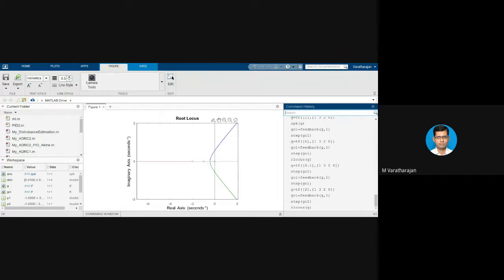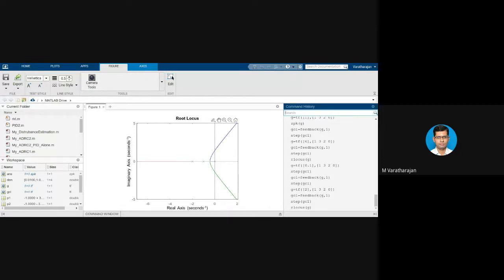That means there will be no oscillation; the system will have a damped kind of response. As k increases, at some point you will have a critically damped response, and after that, the imaginary part will start to come. So once again, as k increases, the imaginary part is also there. Along with that, the pole is also moving towards the right hand side.